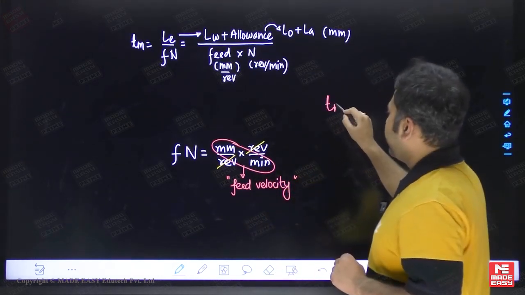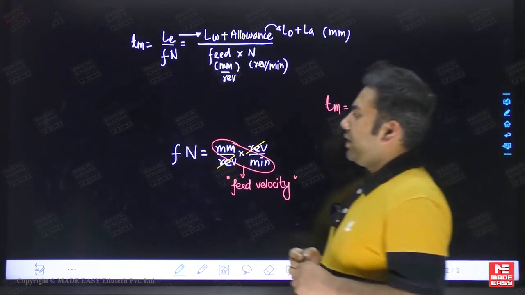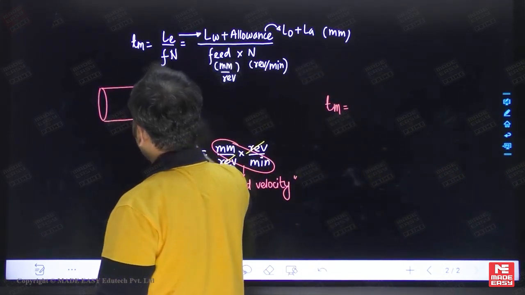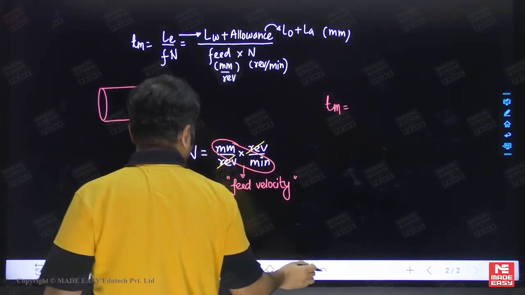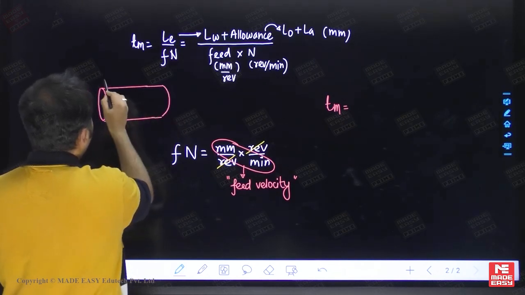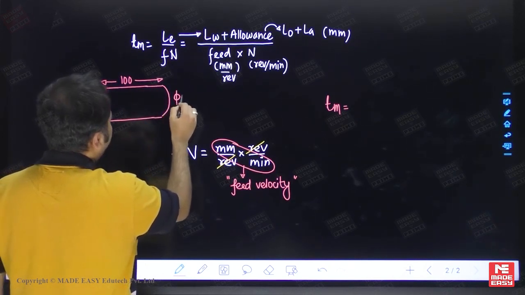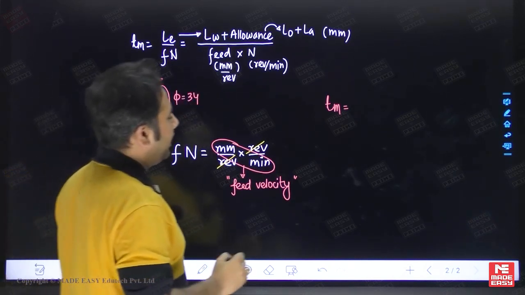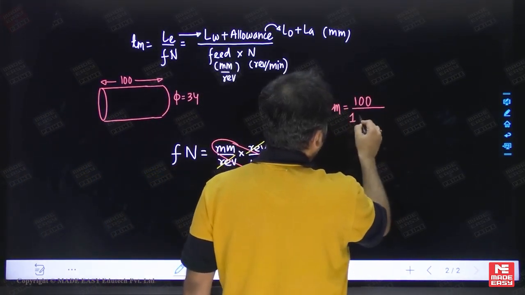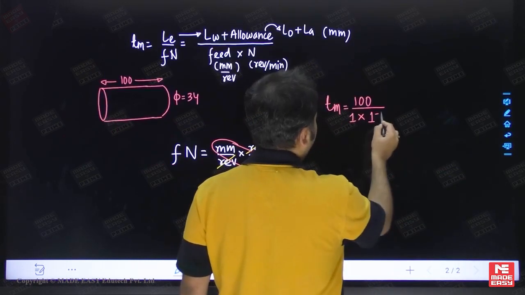Now, for the machining time, what is the length in the first pass? In the first pass, we are going to reduce the entire length of 100 mm down to 34 mm diameter. So in the machining time calculation, we place here 100 divided by the feed value, which is 1, and the RPM that we obtained was around 172.14.